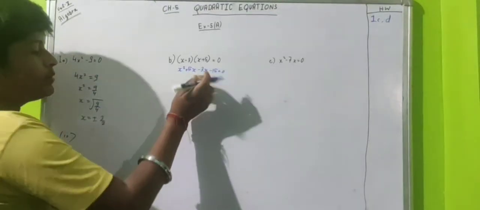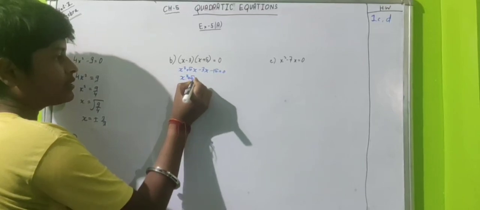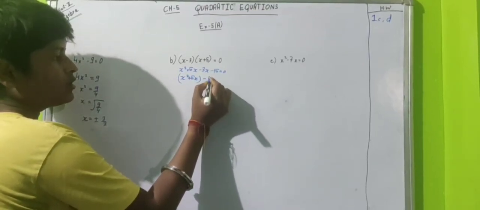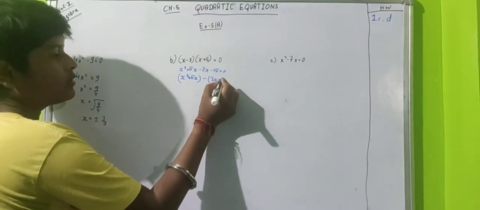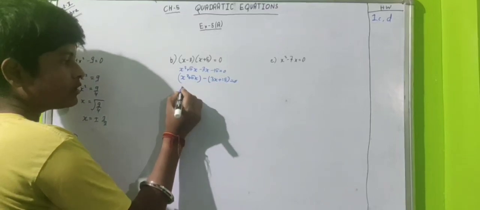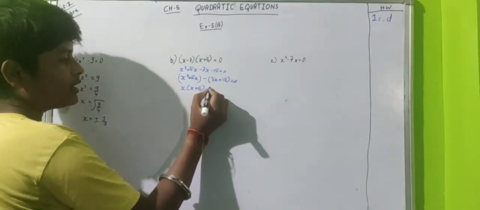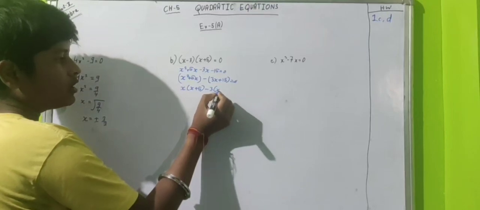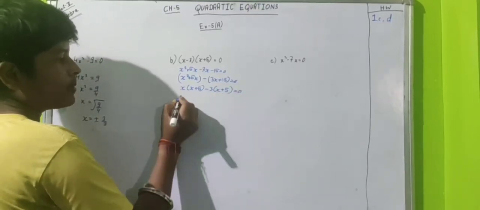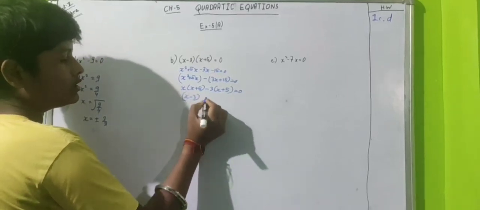So now group it. It will be x square plus 5x minus 3x minus 15 equals 0. Now take out the common, x is common, it will be x plus 5, minus 3 is common, x plus 5. Here x minus 3 and x plus 5.